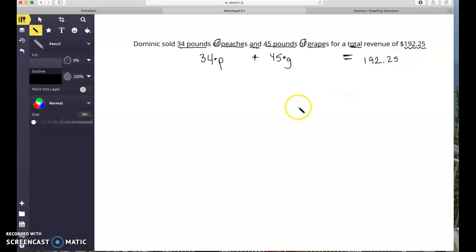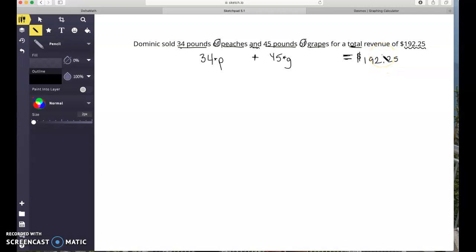So now we have our first equation, but we want to make sure that we specifically define our variables. What does that P really represent in this equation? The 34 represents pounds, so he sold 34 pounds of peaches, plus the 45 pounds of grapes, to make a total revenue of $192.25.